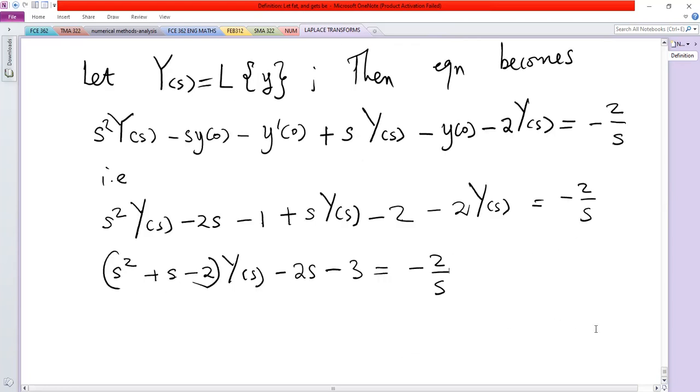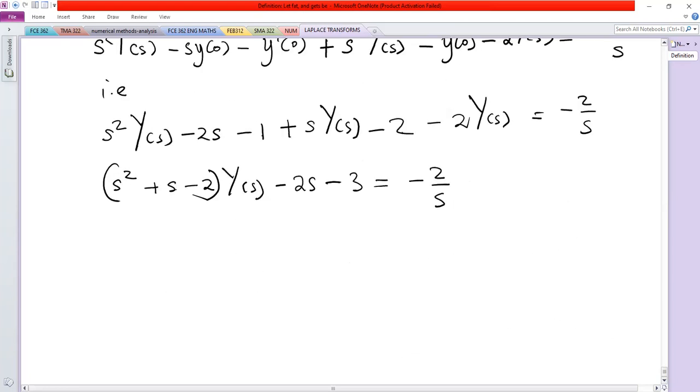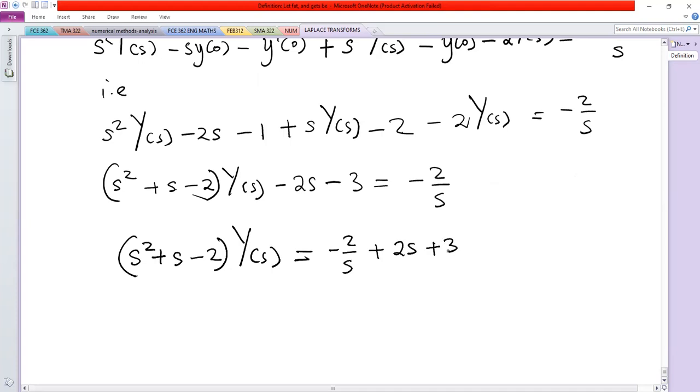With this, we can write s squared plus s minus 2 times capital Y of s. We take all these terms to the right, so we will have minus 2 over s plus 2s plus 3.